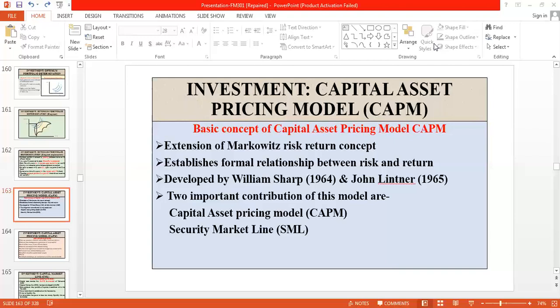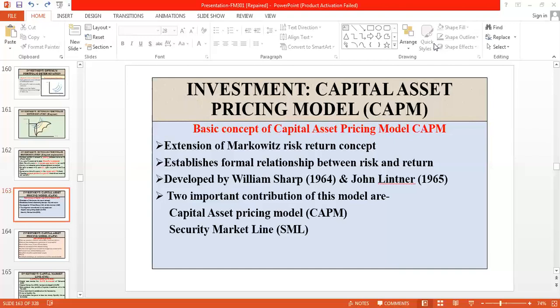This model was developed by William Sharpe, and later on it was modified or bettered by John Lintner. This particular model is entirely based on the Markowitz concept of optimum portfolio development. Only one bond has been added to make the idea clear.